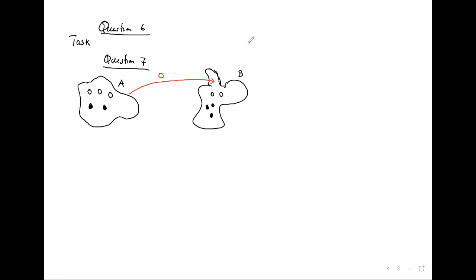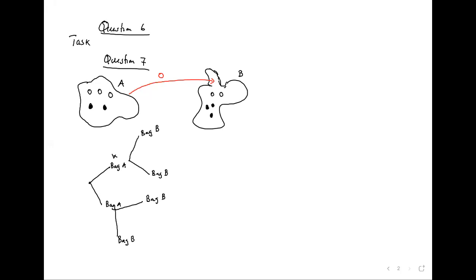So the story is here. I have a tree. This is bag A. I'm in bag A. Then from bag A, I go to bag B. This is bag B. So I start with bag A. I pick white, so bag A white and bag A black.